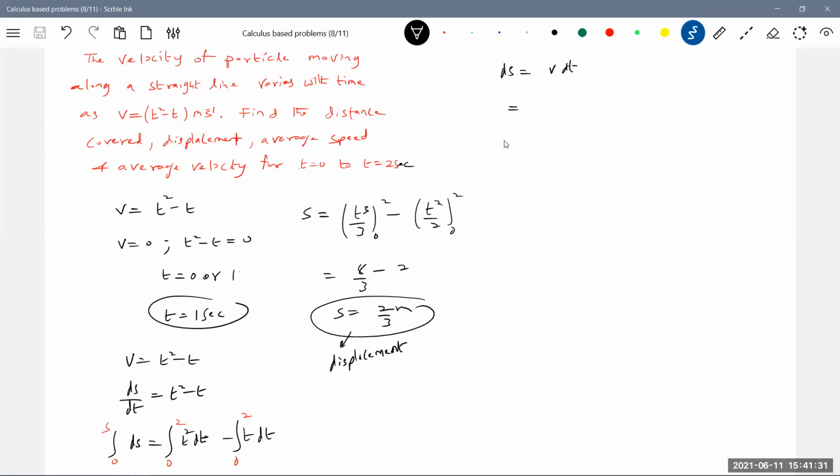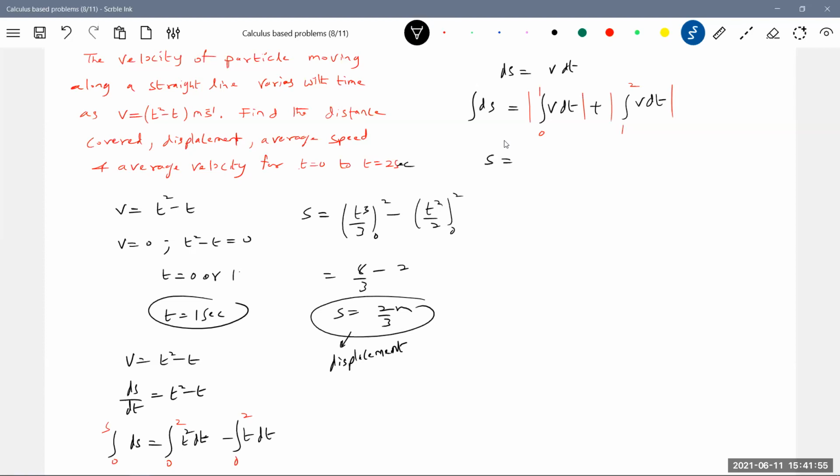Most of you are just blindly thinking mathematics here. Try to understand the motion first. It will change the direction of motion, so the limit will be 0 to 1, 1 to 2. Then which one is positive, which one is negative, we don't know.